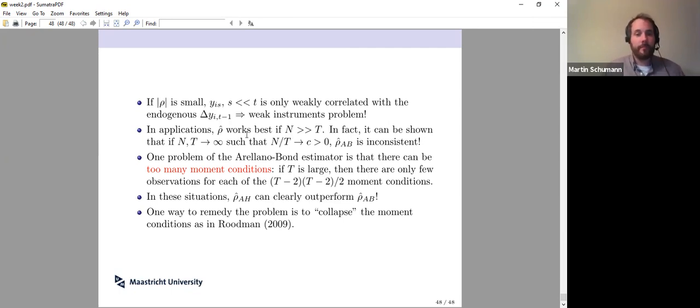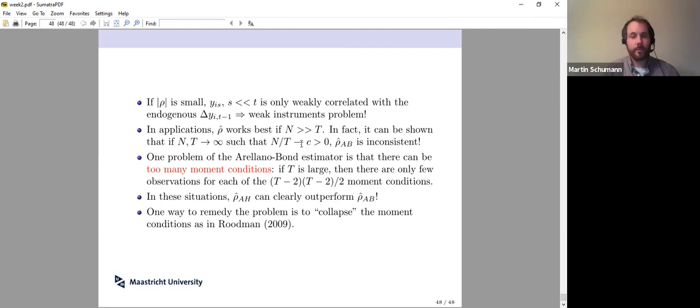Moreover, in applications, you should make sure that the individual dimension is much larger than the time series dimension. Because in the following paper, Arellano himself, again an Econometrica paper, so he's really good, shows that if you let n and t go to infinity, so that n and t grow at the same rate, then this super famous estimator actually becomes inconsistent.